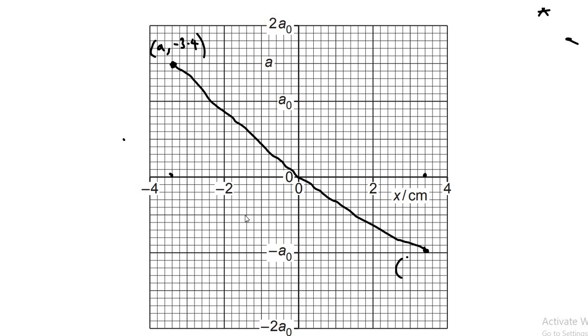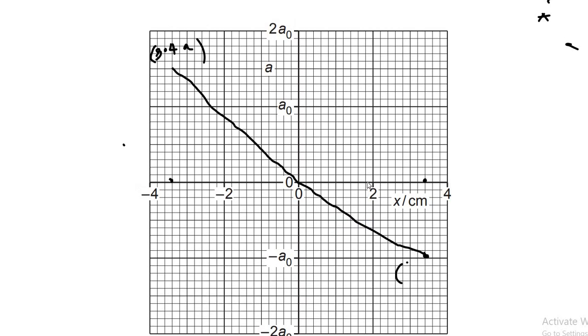Sorry, x and y. The coordinate is x first. What's x? 3.4, and a. So here this is minus 3.4.